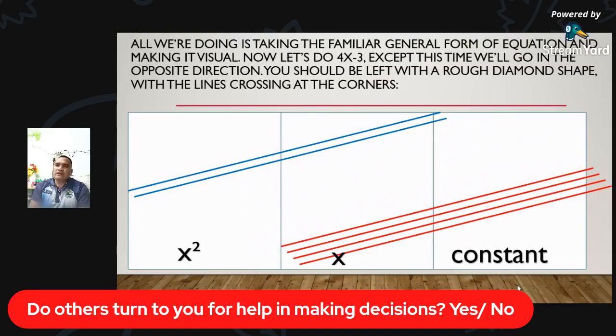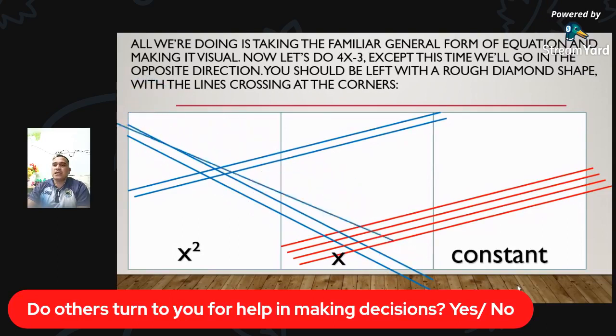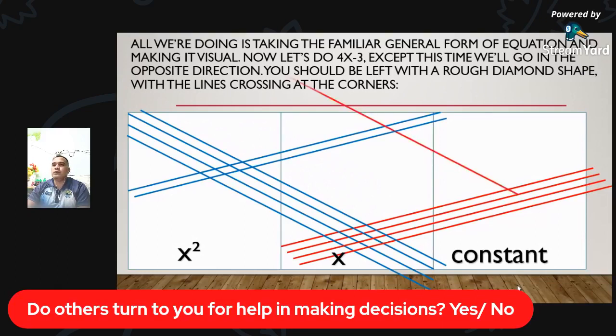So we have 2x minus 4. All we're doing now is taking the familiar general form of equation and making it visual. And now let's do 4x minus 3, except this time we'll go in the opposite direction. You should be left with a rough diamond shape with the lines crossing at the corners. 1, 2, 3, 4 for 4x, and then let's leave a gap and put red lines.